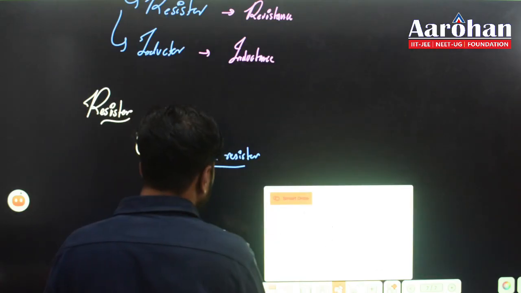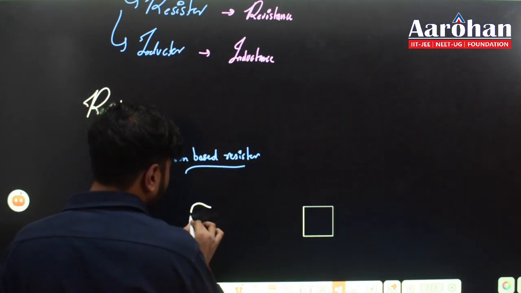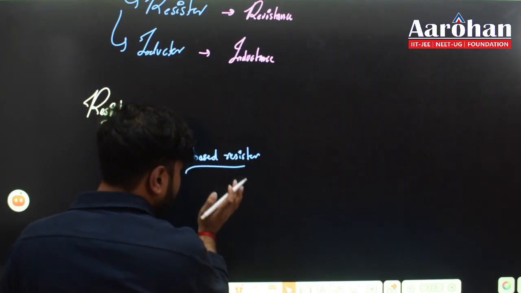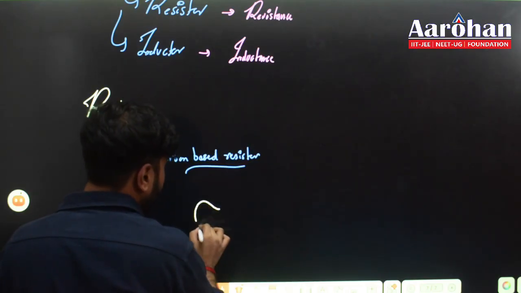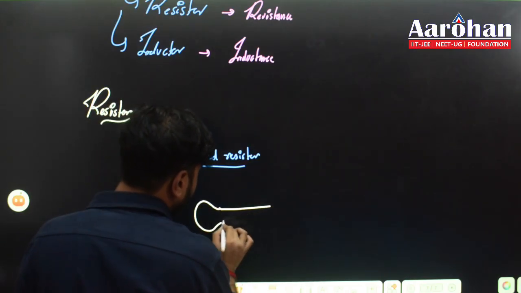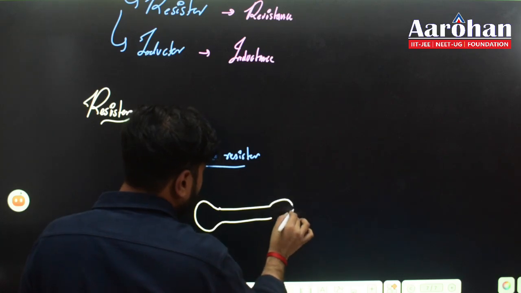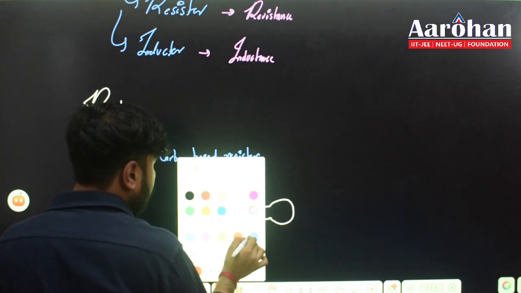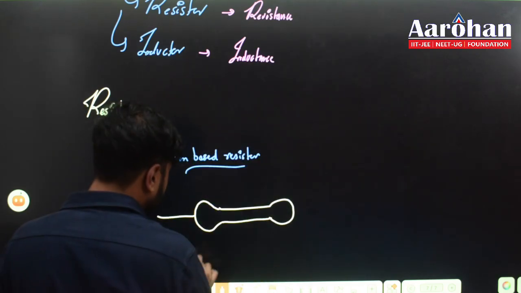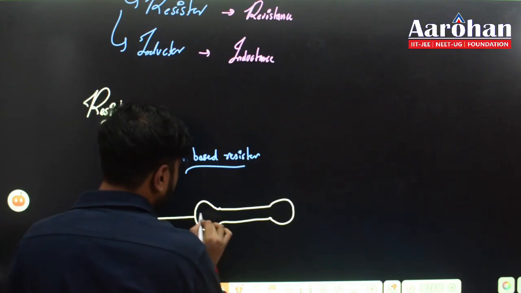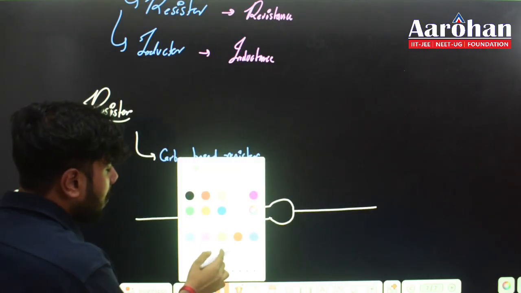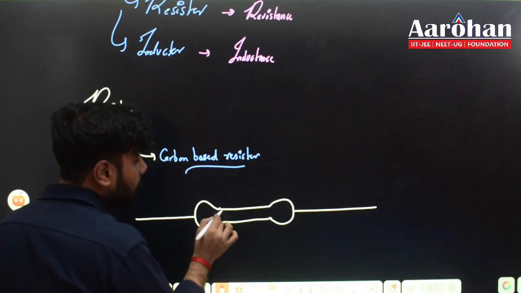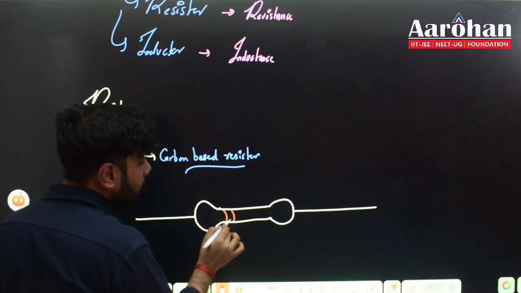So what is a carbon-based resistor? It is just like this. I might put a photo to show you. This is a carbon-based resistor. It will have two ends. A resistor is bipolar, meaning it does not have any polarity.